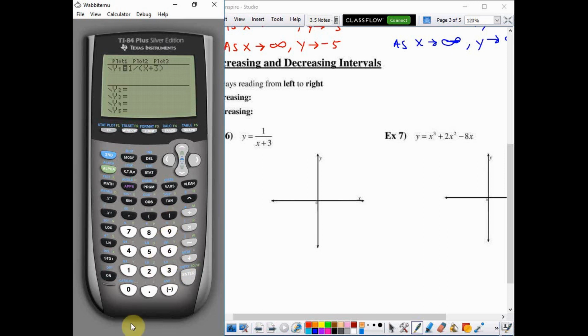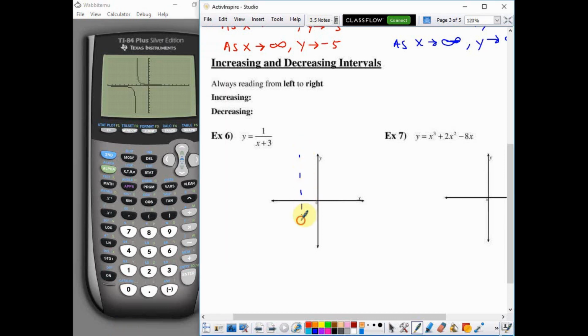Otherwise, it'll only keep the x in the denominator, and we'll be adding 3 outside of this fraction. So that's what our graph looks like. The y values are never going to touch 0. The x value is never going to touch negative 3. So at x equals negative 3, put that dotted line just to keep that separated.